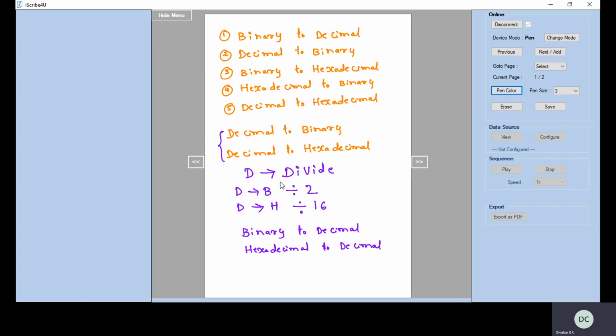Binary to decimal, multiply by the powers of 2. Hexadecimal to decimal, multiply by the powers of 16.